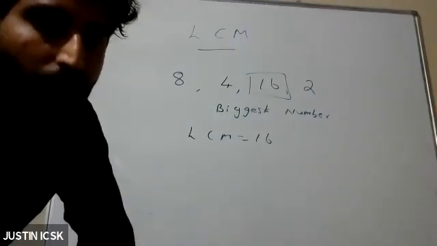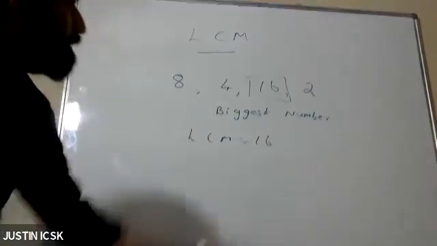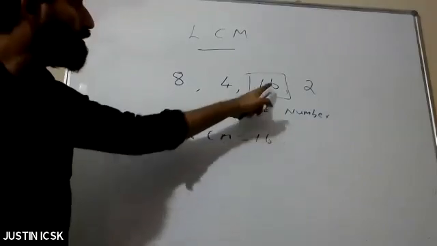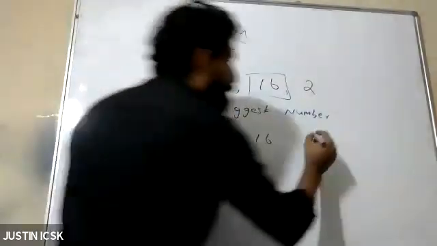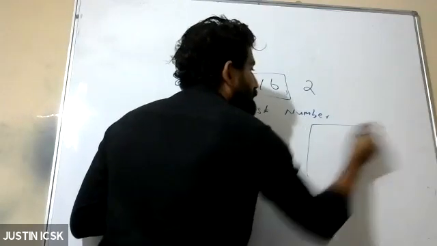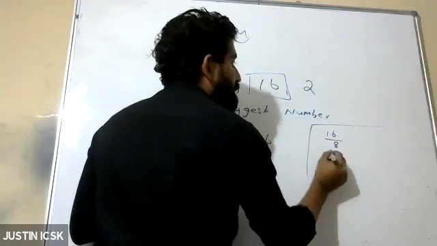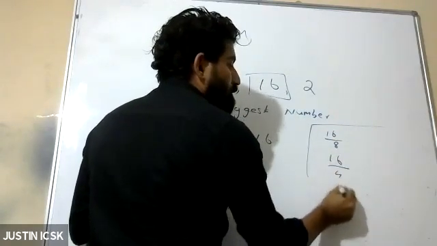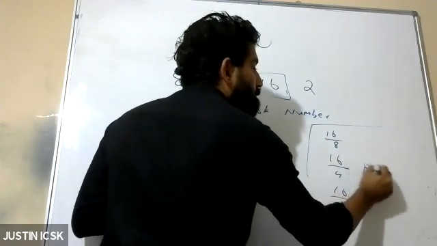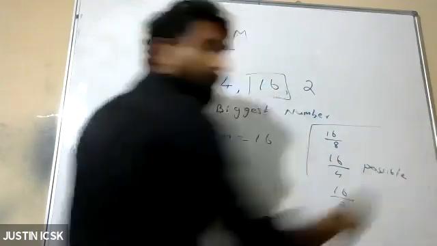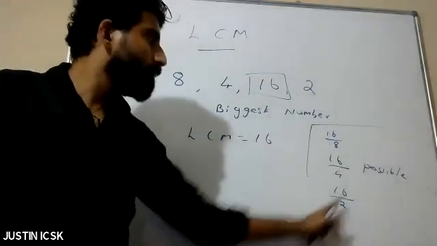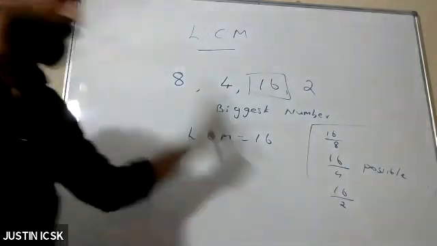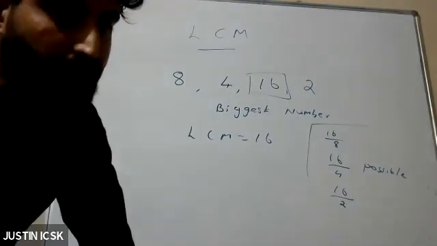So within 1 second, we can find the LCM. If all these divisions are possible, then 16 is our LCM.